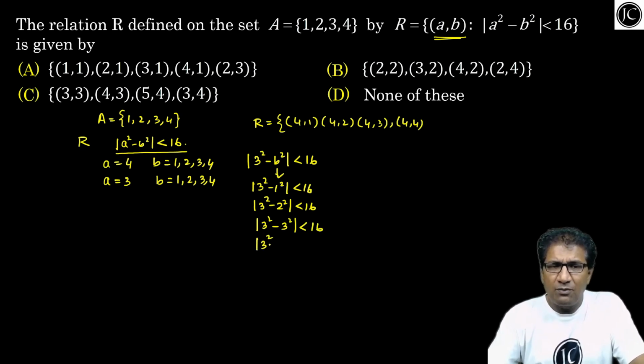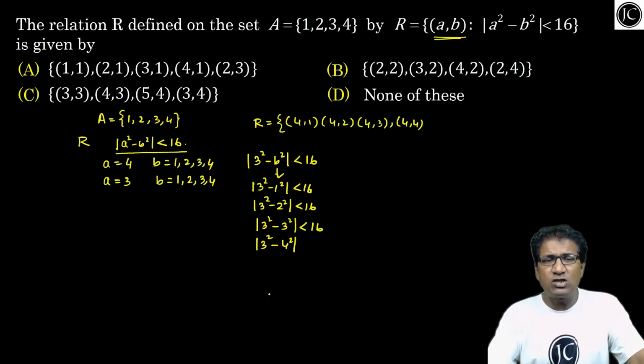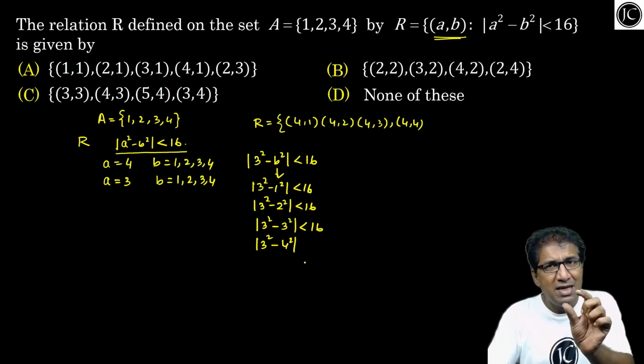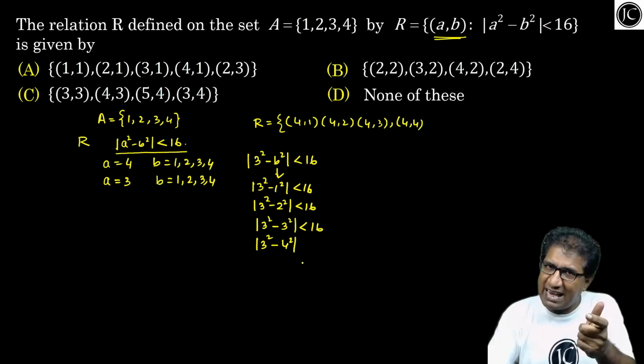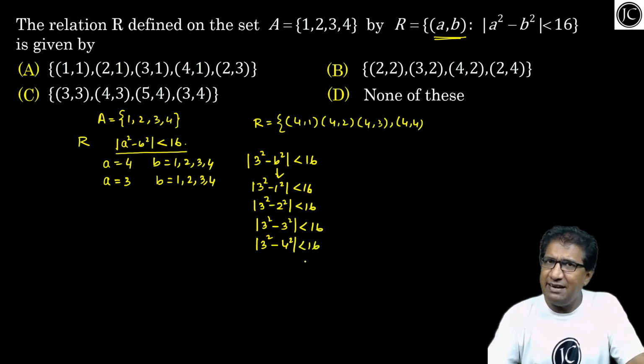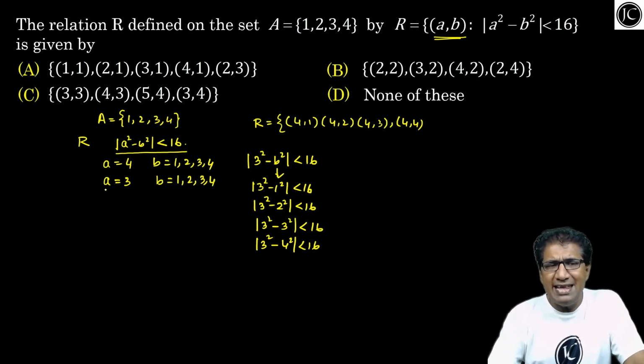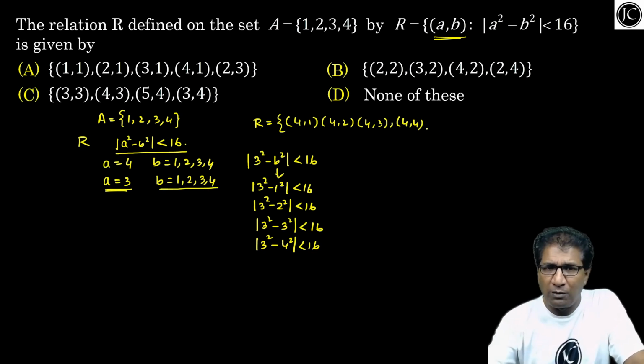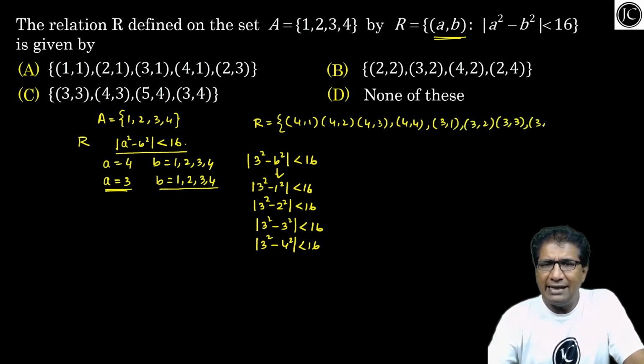Now when a is 3 and b is 4, it is 3 square minus 4 square, which is 9 minus 16, that is minus 7. But since there is a modulus sign, it will not affect the absolute value. The absolute value will be 7, and 7 is less than 16. That is why I told you when a is 3, b can take the value 1, 2, 3 or 4. Therefore, the elements that will come in R are (3, 1), (3, 2), (3, 3) and (3, 4).